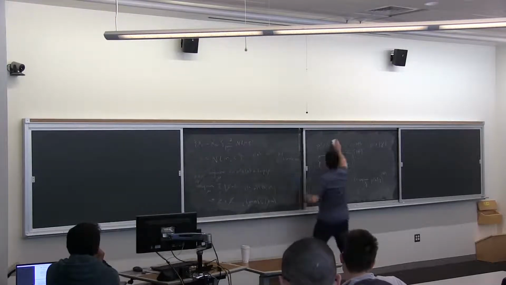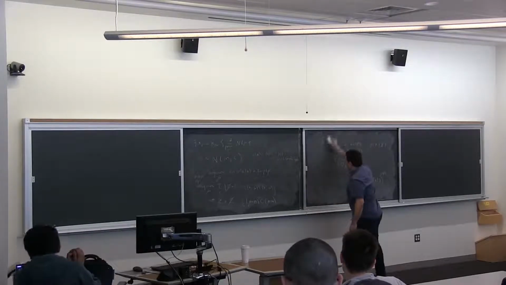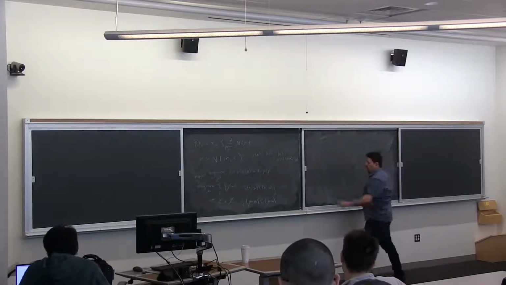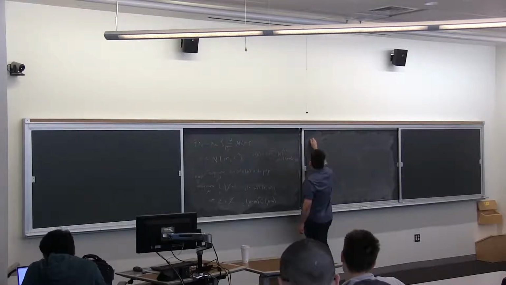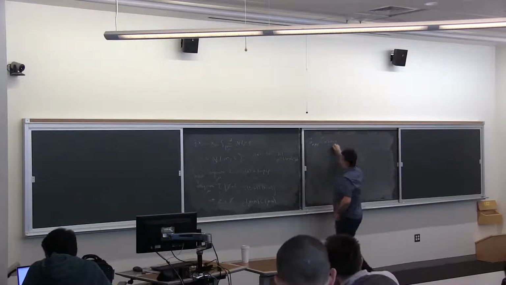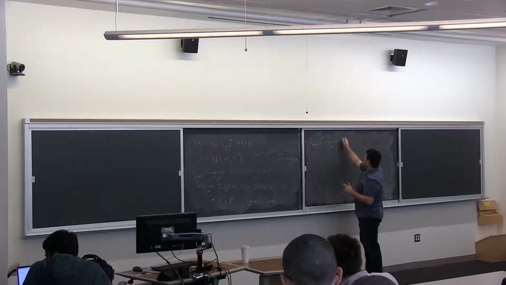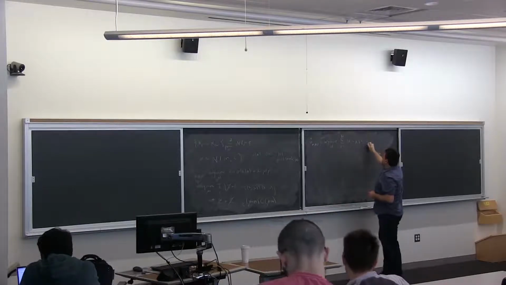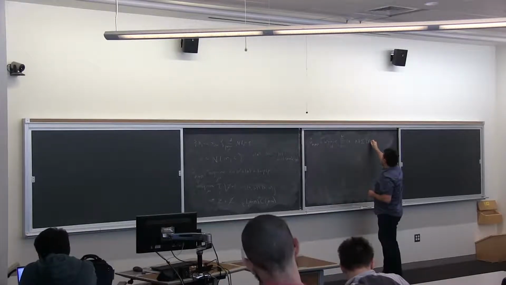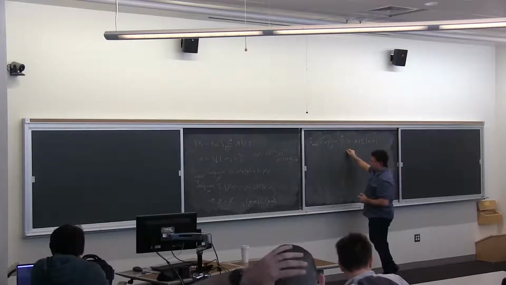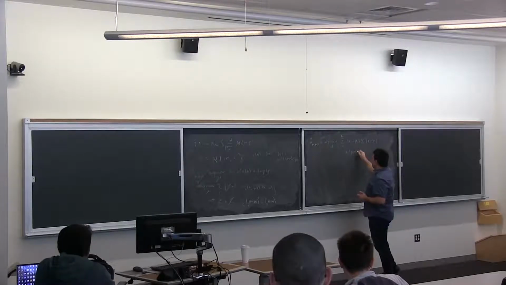So equivalently, my MAP estimator, mu hat MAP, is going to minimize the summation of (xi minus mu) sigma inverse (xi minus mu). Okay, so that's the likelihood part, and this is the prior part.